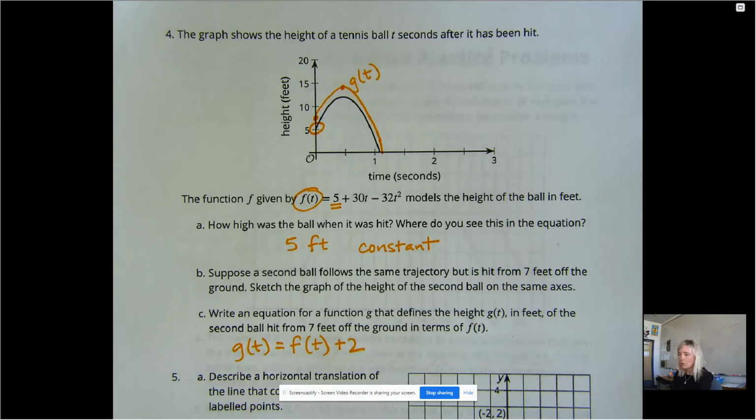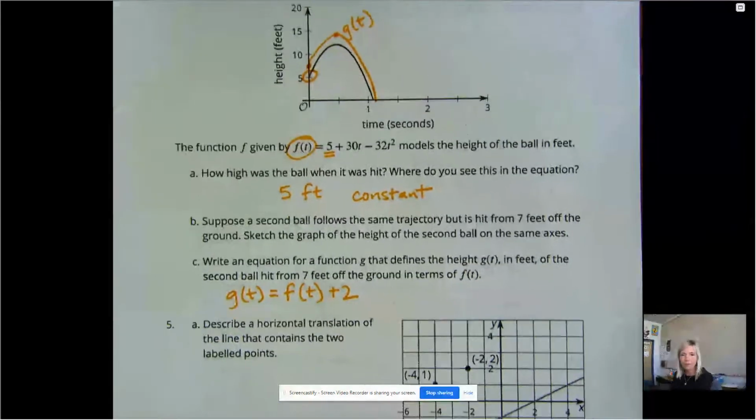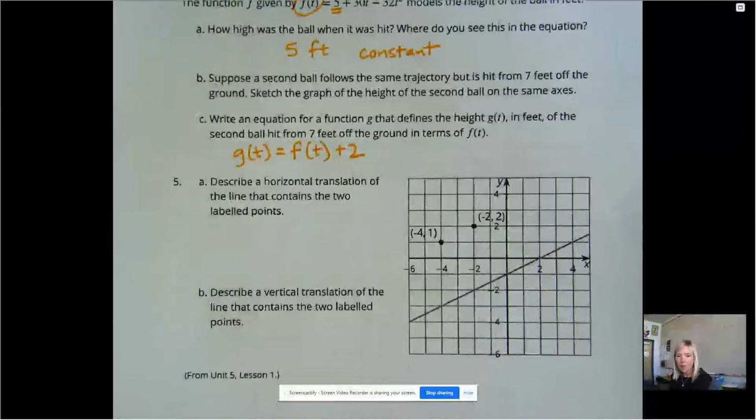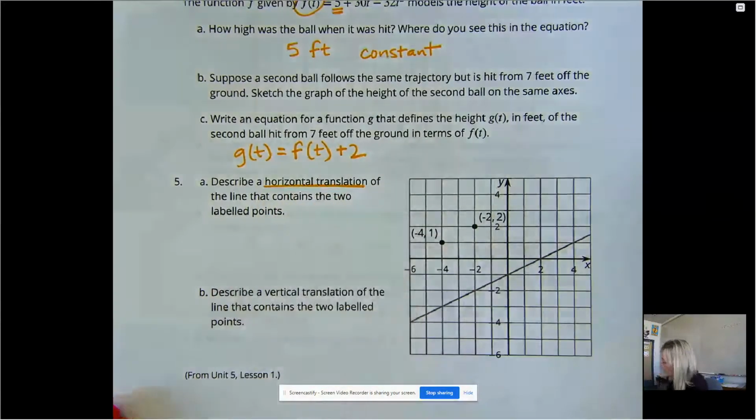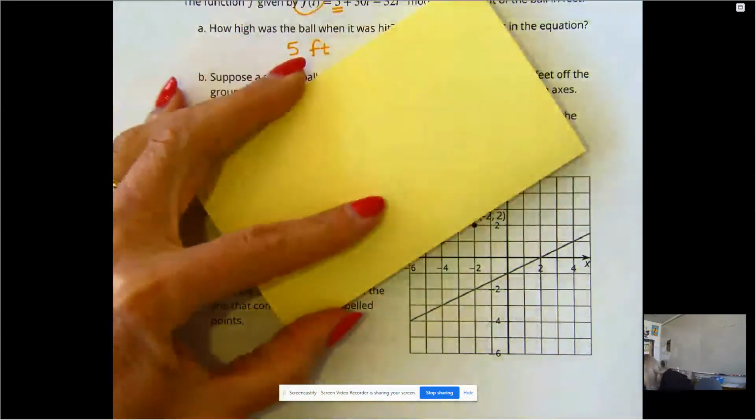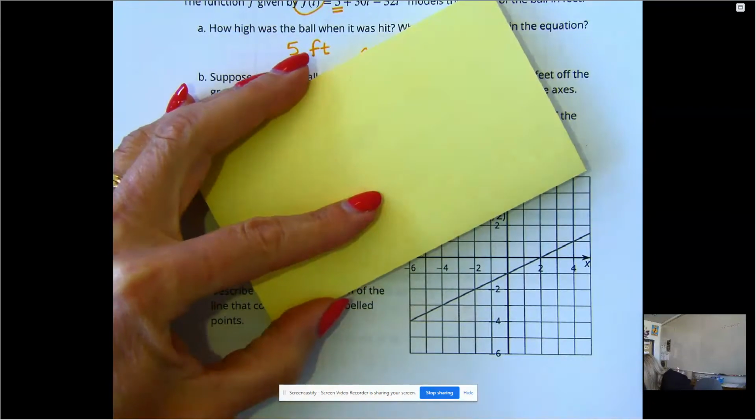All right, and then finally, number 5, describe a horizontal translation of the line that contains the 2 labeled points. So to get from the line containing these, let me just draw this line.